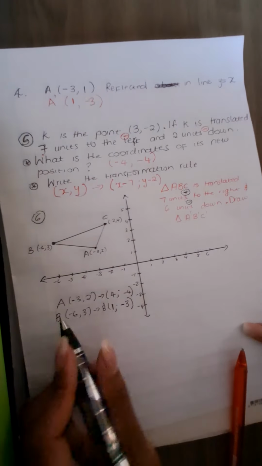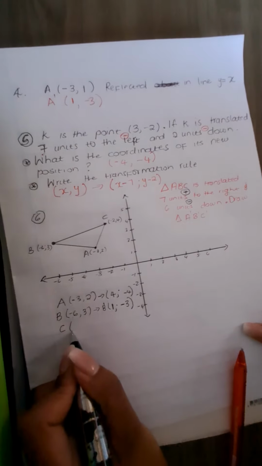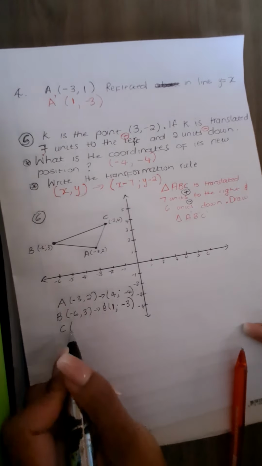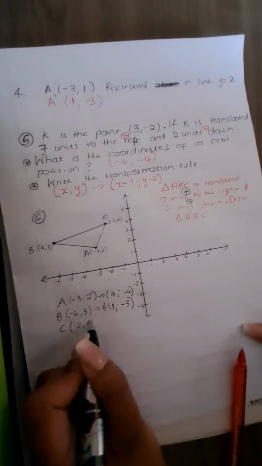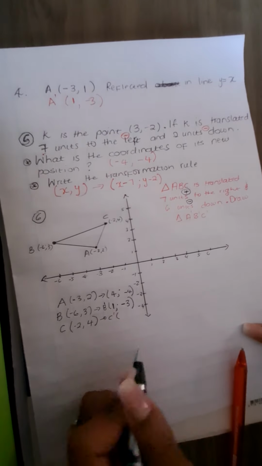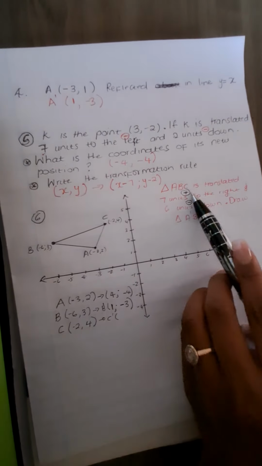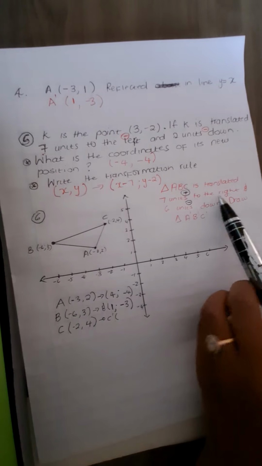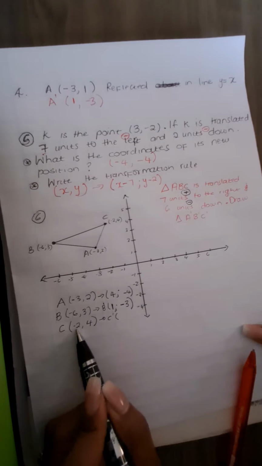And then we are moving to the last coordinate. Coordinates of C is -2 and +4. And then your new image for C, if you translate C 7 units to the right, you know it goes with your X coordinate.